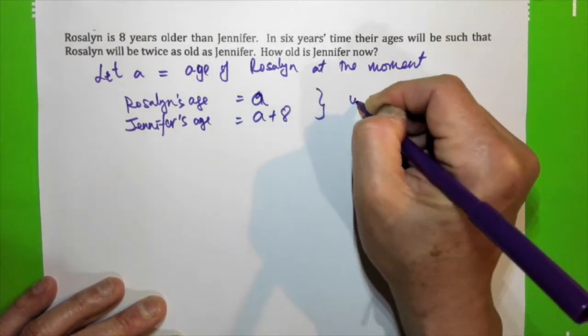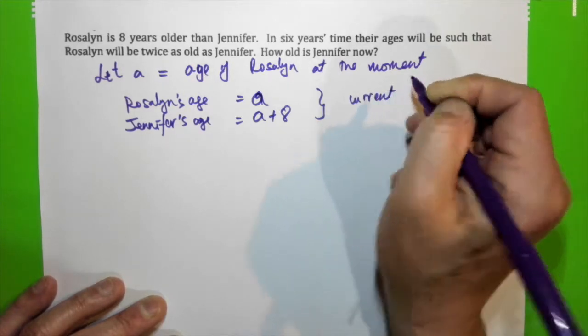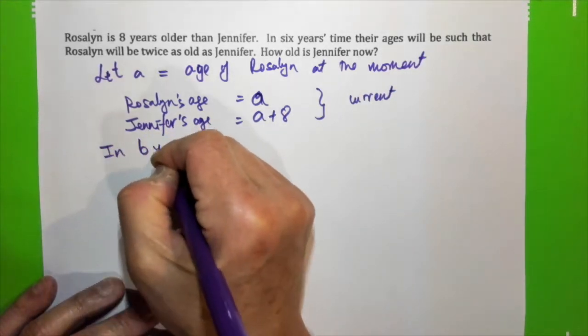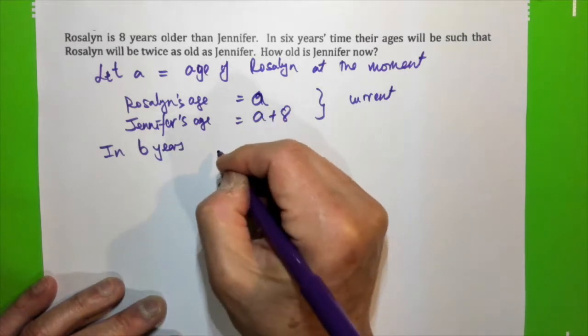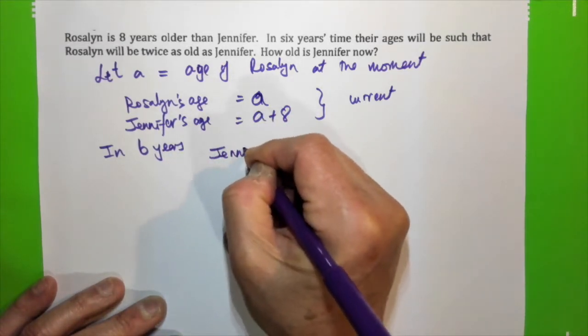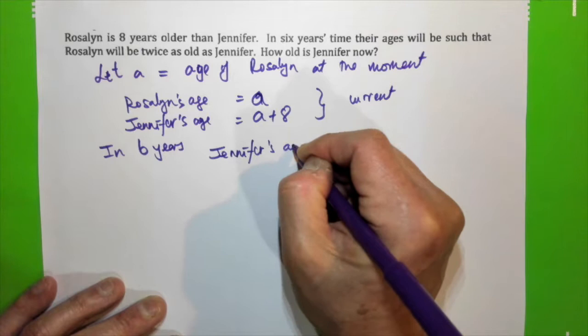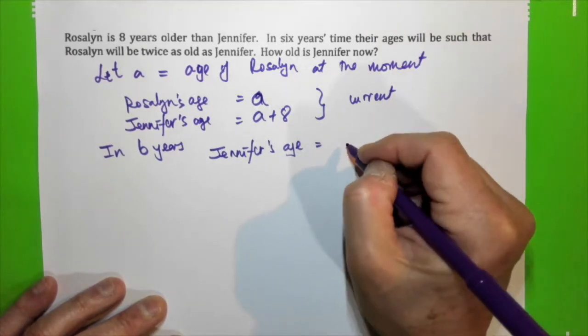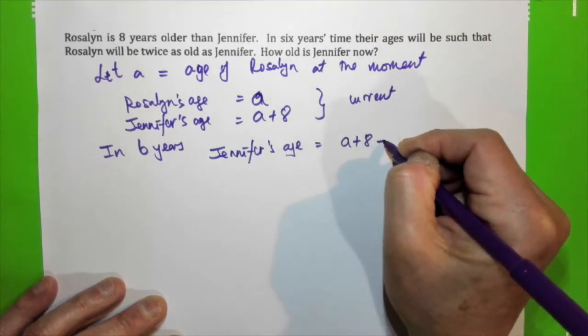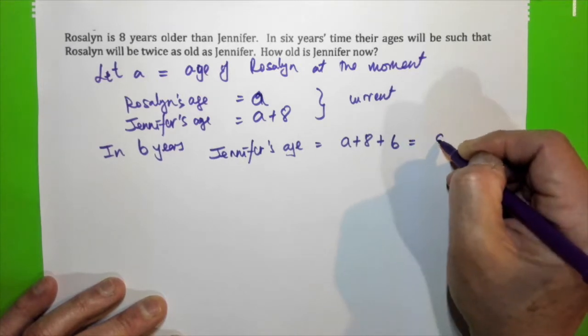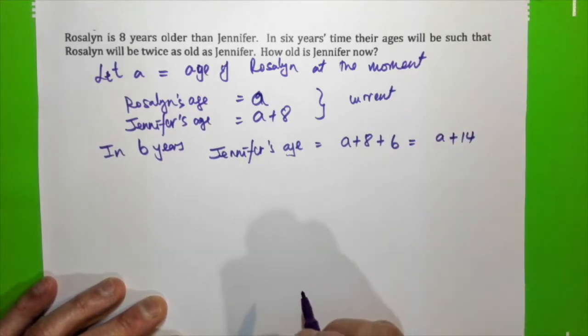This is current. So in 6 years, Jennifer's age equals A plus 8 plus 6, which is A plus 14, right?